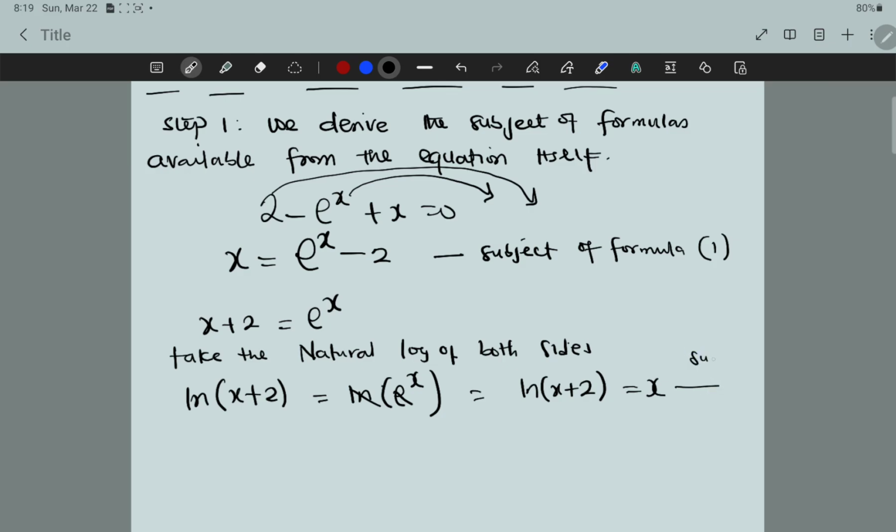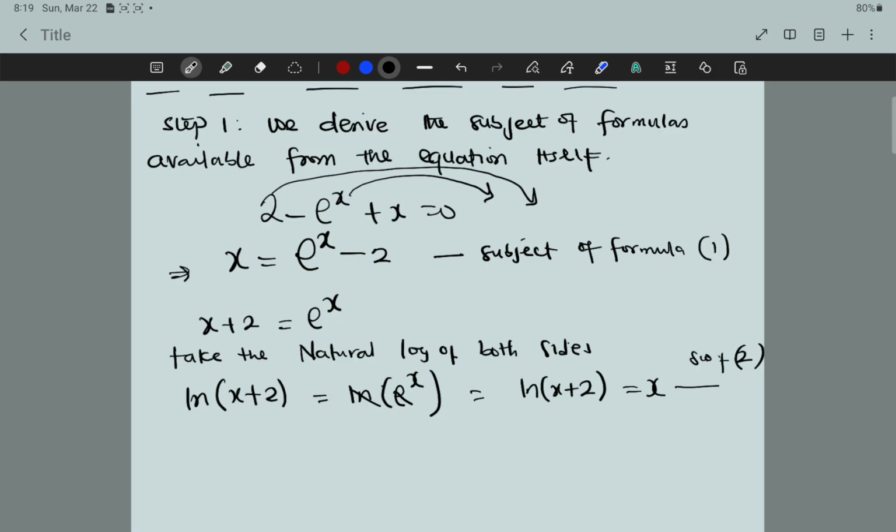That's subject of formula 2. So you have x is equal to e to the power of x minus 2, or you have x equal to ln of x plus 2. Those are the two subject of formulas that you can have.